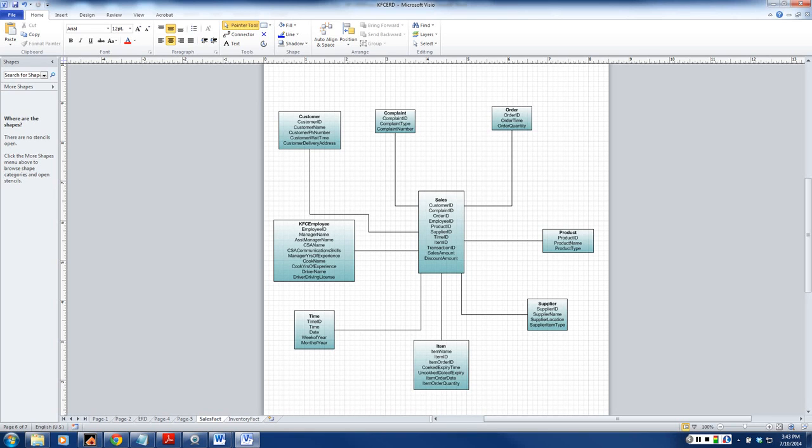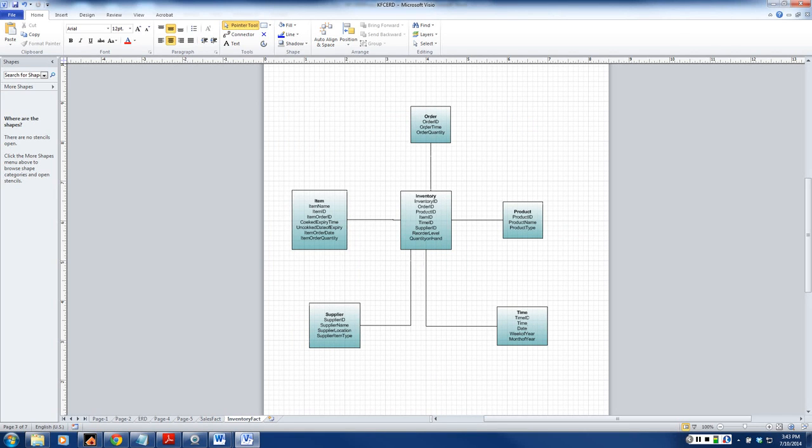Now let's draw another fact table where we use inventory as the fact table, and we have product, order, item, supplier, and time. Now it makes sense to use only these because these are the things that we would use to analyze inventory. So you will have all the IDs here.